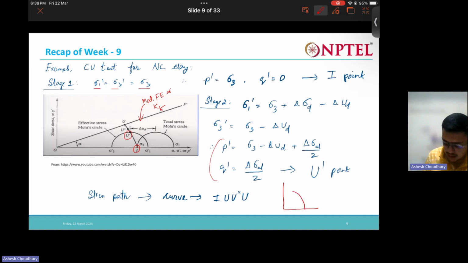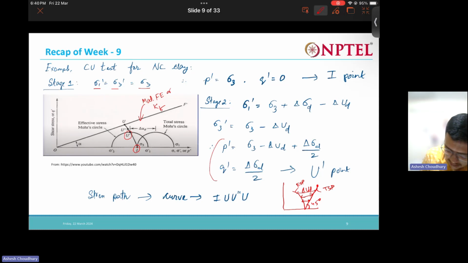This curved stress path is for the effective stress. If you draw the total stress path, this is the effective stress path, ESP, and this is the total stress path. Total stress path means P and Q, not P prime Q prime. You are plotting P and Q. This total stress path will be taken at 45 degrees, and from the total stress path, if we deduct the pore water pressures, you will get the points of the effective stress path. Okay, understood?